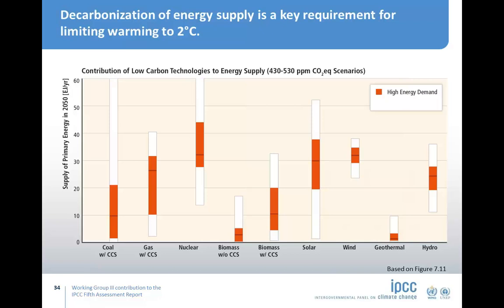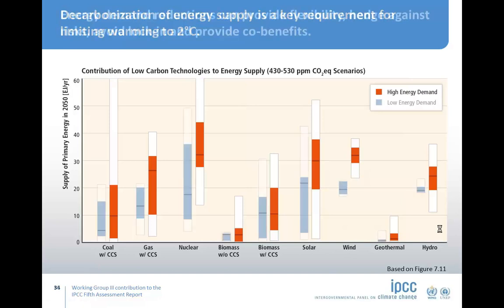Okay. So, as we've said, decarbonisation of the energy supply is essential. And if we look at the supply of primary energy in 2050, coal with carbon capture, gas with carbon capture, nuclear, biomass without carbon capture, biomass with carbon capture, solar, wind, geothermal and hydro.